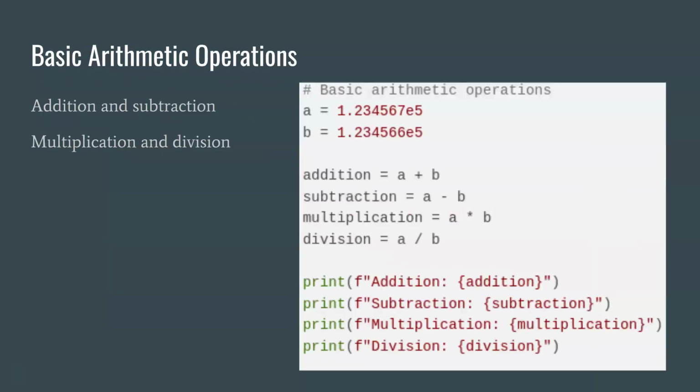Basic arithmetic operations, such as addition, subtraction, multiplication, and division, can be performed according to specific rules in the IEEE 754 standard. The details of these rules are out of scope for this lecture, but just know that these rules ensure consistency and precision across different platforms.